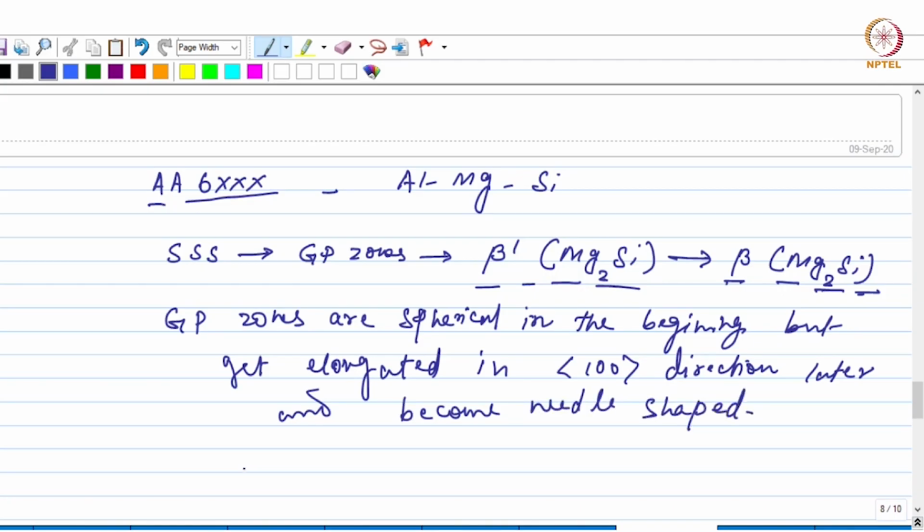These GP zones basically consist of magnesium and silicon atoms. And here the mismatch with the matrix lattice is not that great.